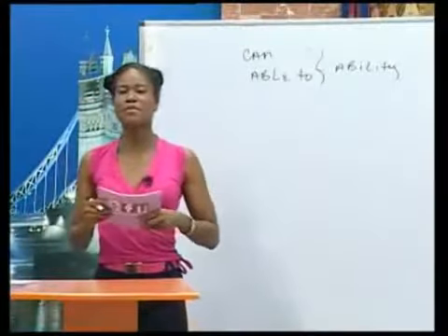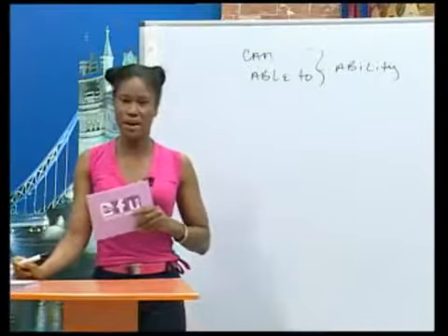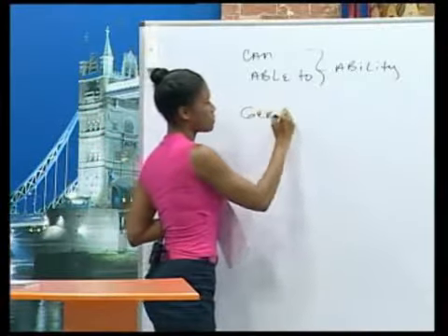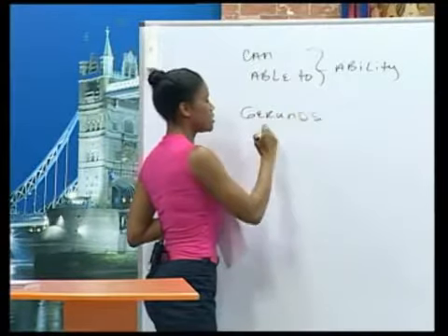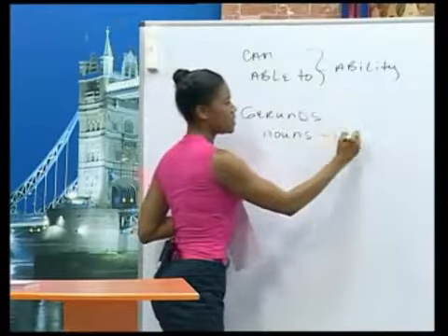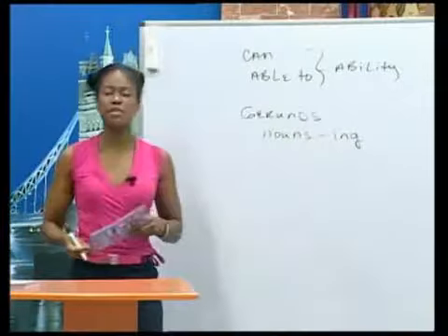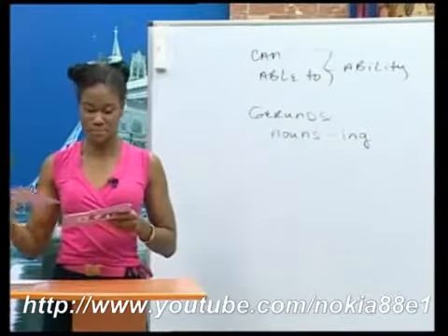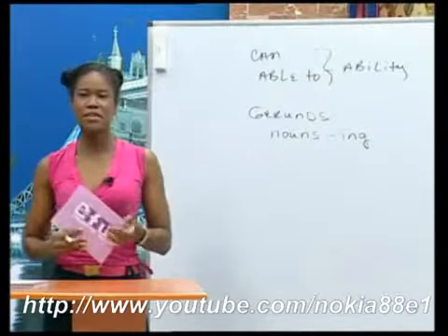Finally, we will learn some new ing nouns, also called gerunds. So these are nouns that end in ing. But first, let's learn some new vocabulary. Please take a look at your screen.